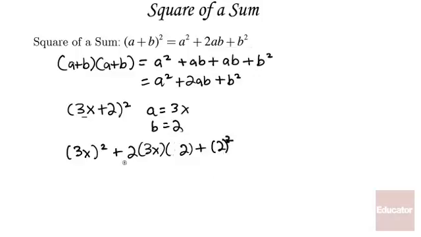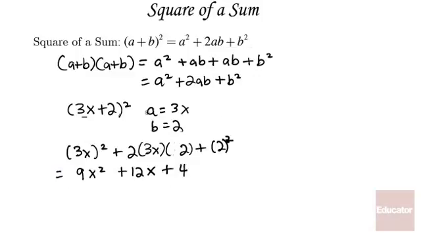So that gives me a squared, that's 3x squared, or 9x squared. 2 times 3 is 6, times 2 is 12, so that's 12x, plus 2 squared is 4.